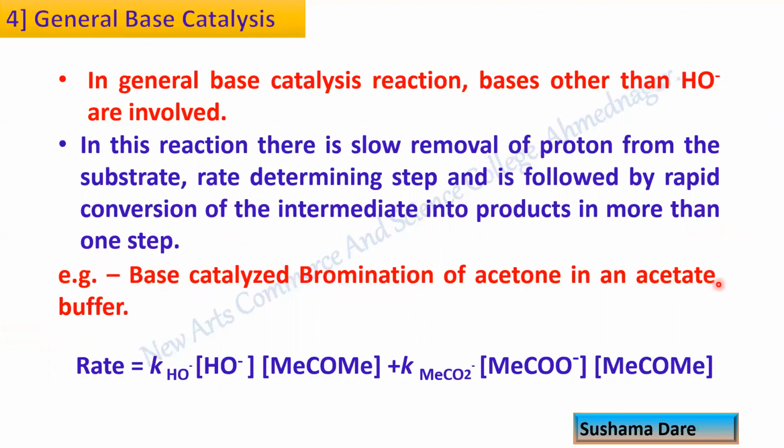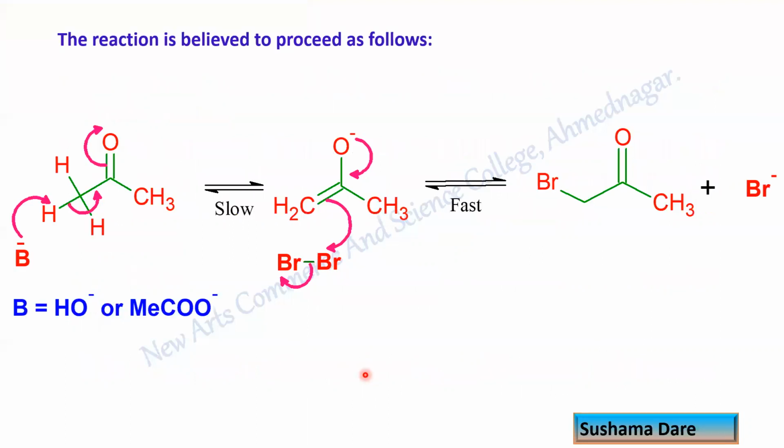An example is base catalyzed bromination of acetone in an acetate buffer. Here again the rate of reaction depends upon the concentration of hydroxy and the concentration of reactant, as well as the concentration of acetate buffer, that is CH3COO minus, times the concentration of reactant. So the addition of these two products is the rate of reaction.